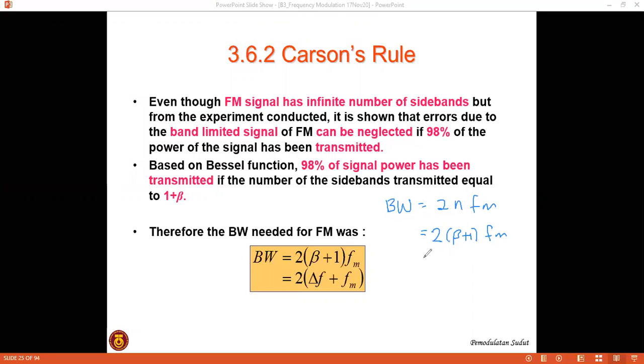And since beta is equal to delta f divided by fm, we can also use this equation: 2 times delta f plus fm.